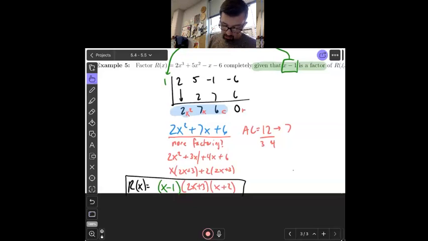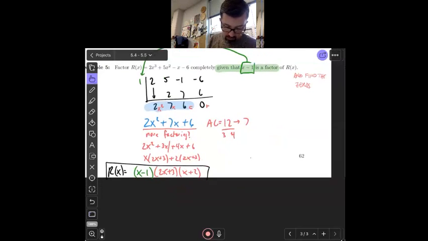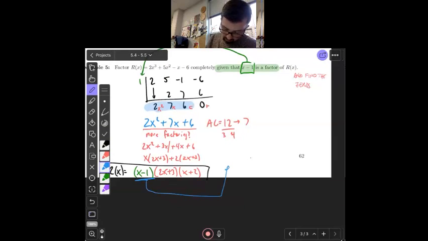Then I asked you guys to find the zeros, which is super duper easy. So if x minus 1 equals 0, of course, x would equal 1. 2x plus 3 equals 0. Subtract the 3 over, divide by 2.